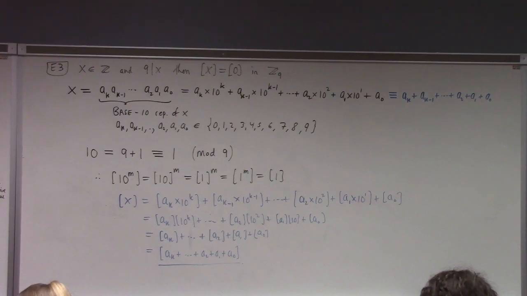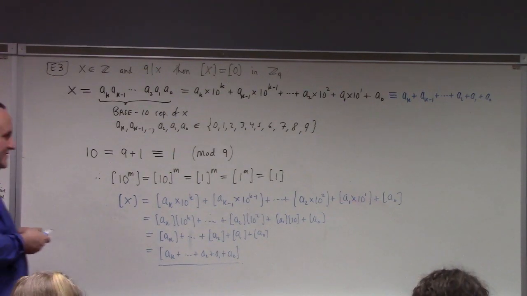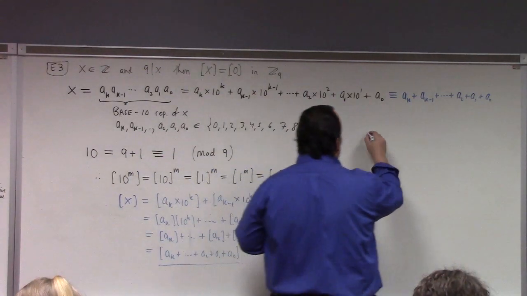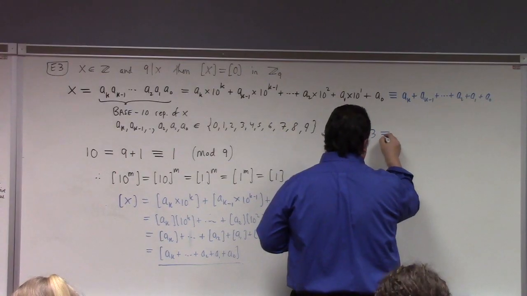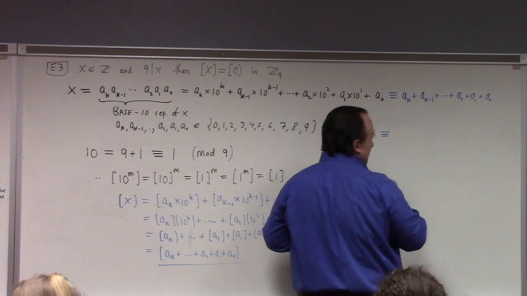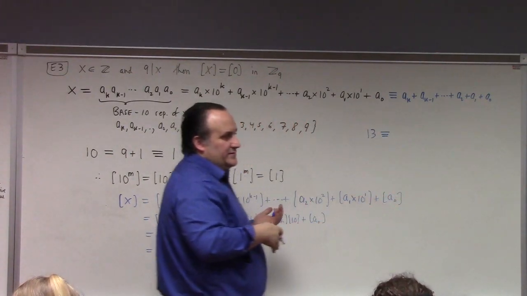I think in your homework I had a question about 11. It works out a little different, right? Oh, 13. Yeah, 13's annoying. It's not as awesome. Because 13 is congruent to what? Well, your homework is also about the last digit, right?